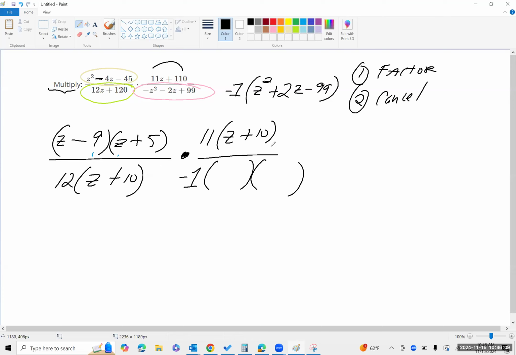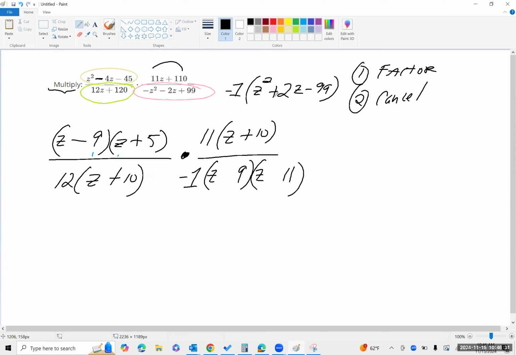that trinomial into binomials. So because this is z squared, I need a z and a z. Because this is 99, the thing that comes to my mind is 9 times 11. And so I'm going to put a 9 and an 11.